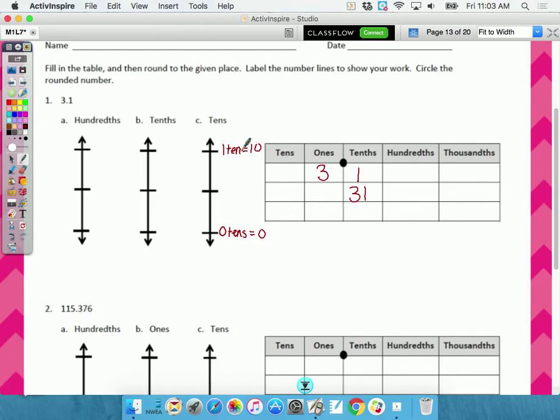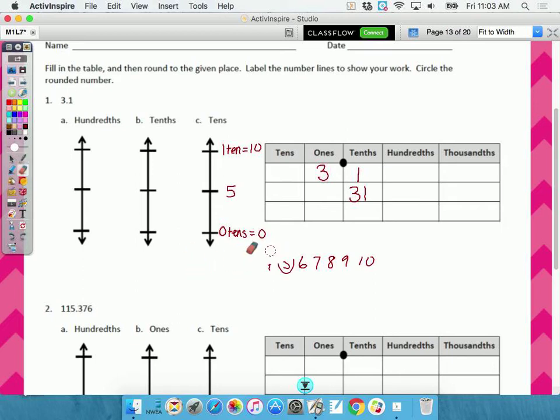And what's the midpoint here, Ella? Okay, if I have 0, 1, 2, 3, 4, 5, 6, 7, 8, 9, and 10, what's my midpoint? Okay, so 5 is my midpoint, right?